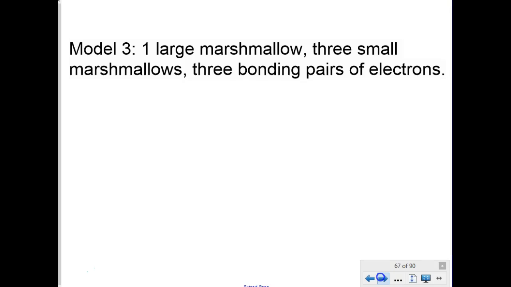Remember this central idea. Your electron pairs have to be as far away from each other as possible. Your electron pairs must be as far away from each other as possible. Is the bond angle the largest angle or the smallest angle?